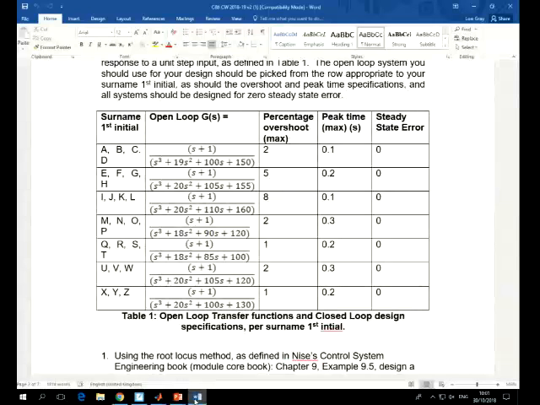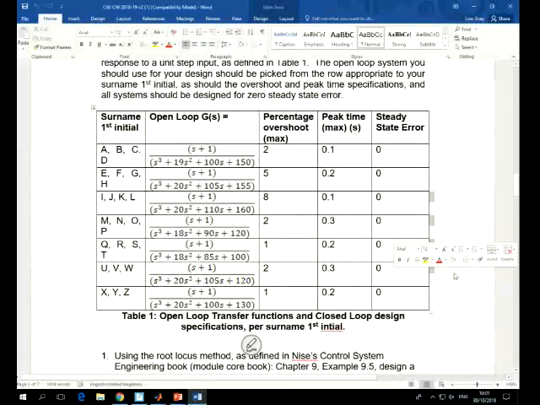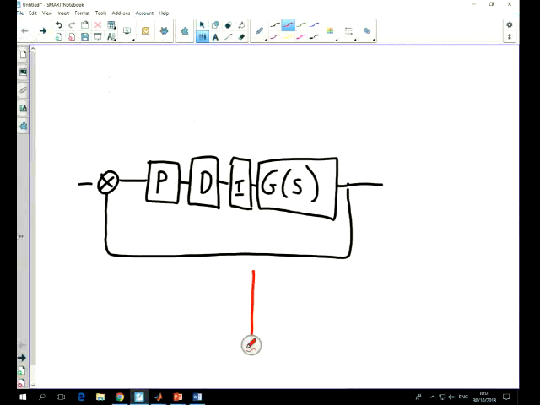So this is obviously with a step input, a unity step input. And we're looking for these different values depending on which row you're on. But a specific percentage overshoot, a specific peak time. If you remember, peak time is the time, so peak time is going to do something like that.